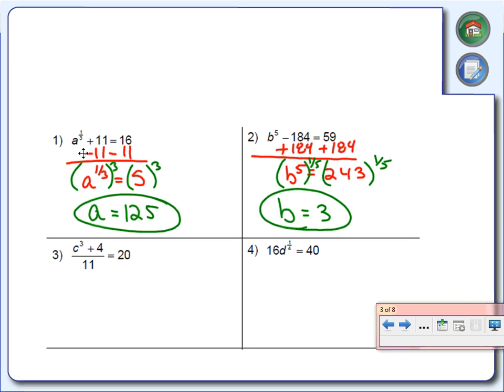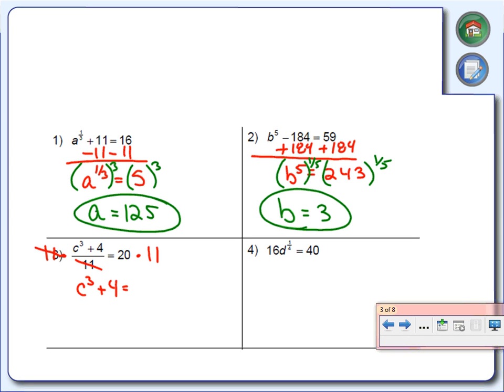Now this one's going to require an extra step. Notice how there's an 11 underneath c to the 3rd plus 4. So we're going to take care of that part first. And the way we're going to do that is by multiplying both sides by 11. This way we can come over here and cancel those out.